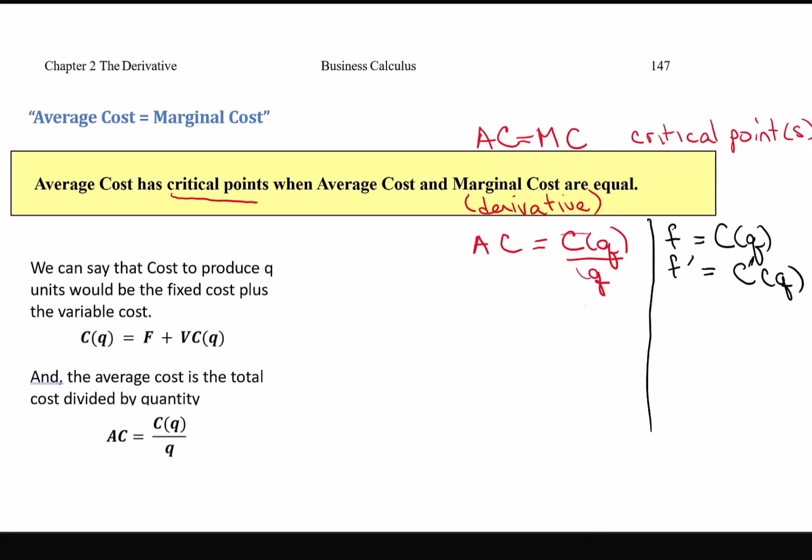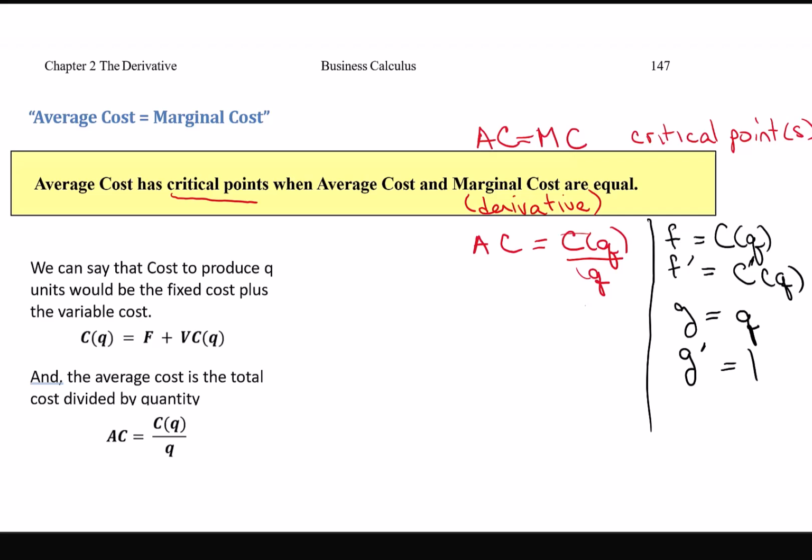My F is C of Q, which is just a function of Q, so F prime is equal to C prime of Q, the derivative of the cost. And I could say that G is equal to Q, and the derivative of G with respect to Q is equal to 1.